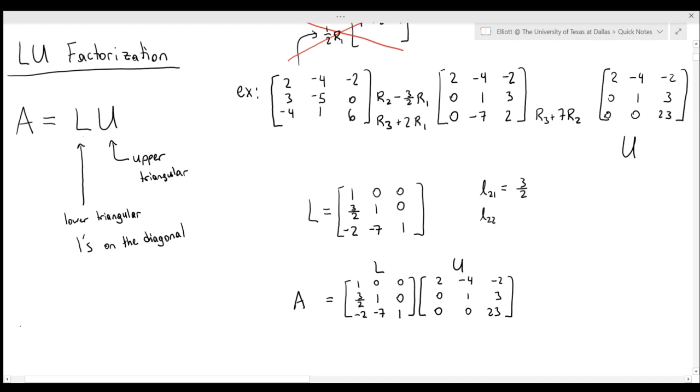And you might remember that they use this notation for the multipliers as well. Now that we're going over the LU factorization, you can see a reason why they use this notation, because these are actually the 2, 1, 3, 1, and 3, 2 entries of the lower triangular matrix L. Okay?